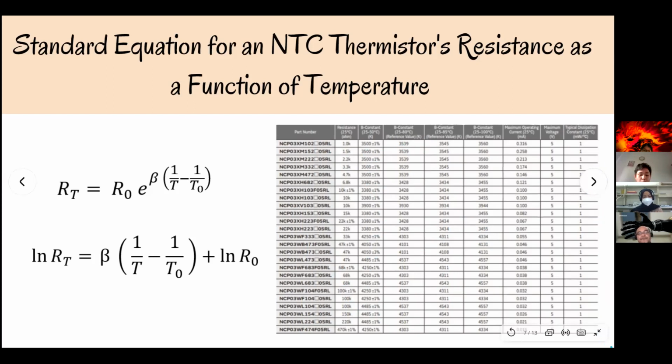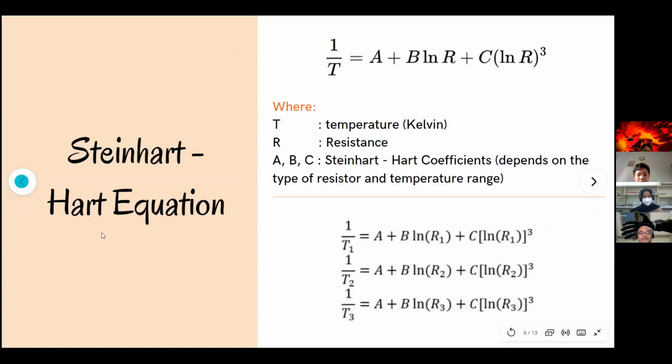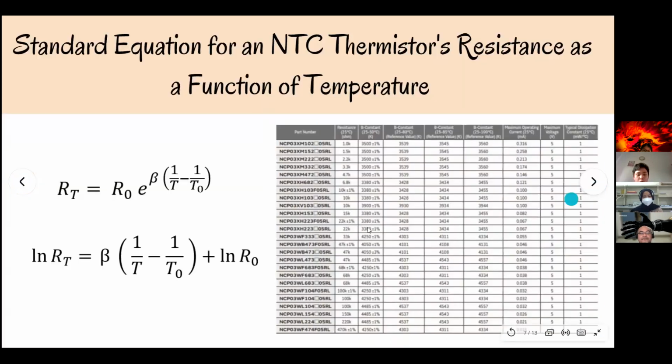How it works, we are going to find the A, B, C coefficients in the Steinhart equation, and then we will test that equation against the standard equation. If both equations arrive at the same result, the accuracy of the equation and device is good. For example, we find the Steinhart equation 1/T is equal to 2 plus 3 ln R plus 4 ln R cubed.